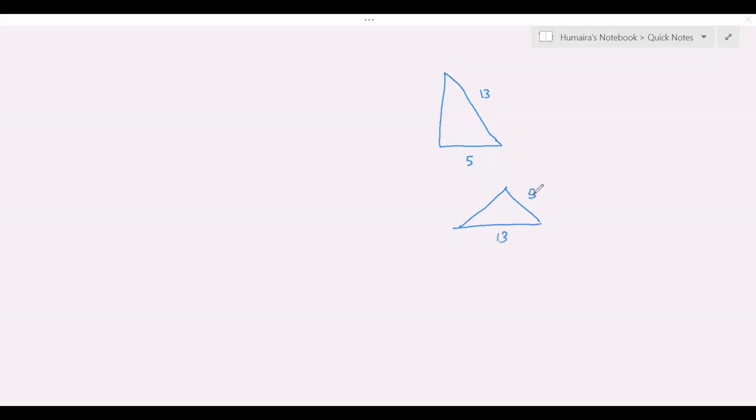We are just considering the two sides of any triangle are 5 and 13, and we want to find the perimeter. We can only find the perimeter if the third side is given to us, so that we can add all the sides of the triangle to find the exact answer. Now we are just given two sides. We have to look for the third one.